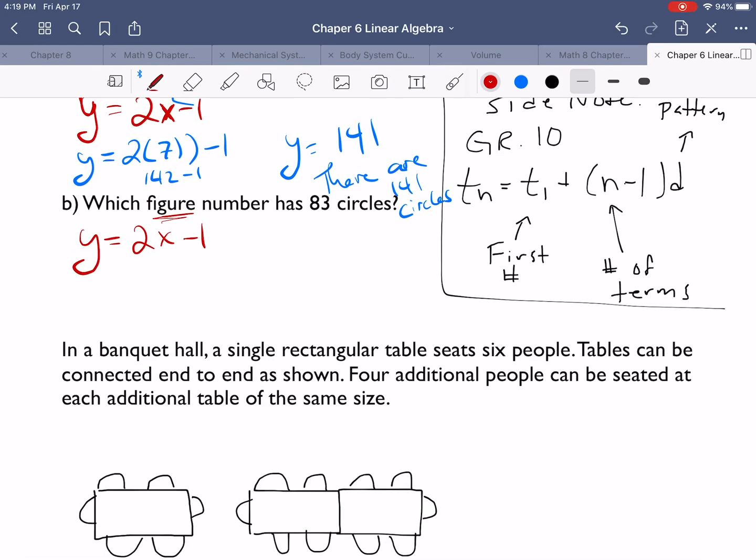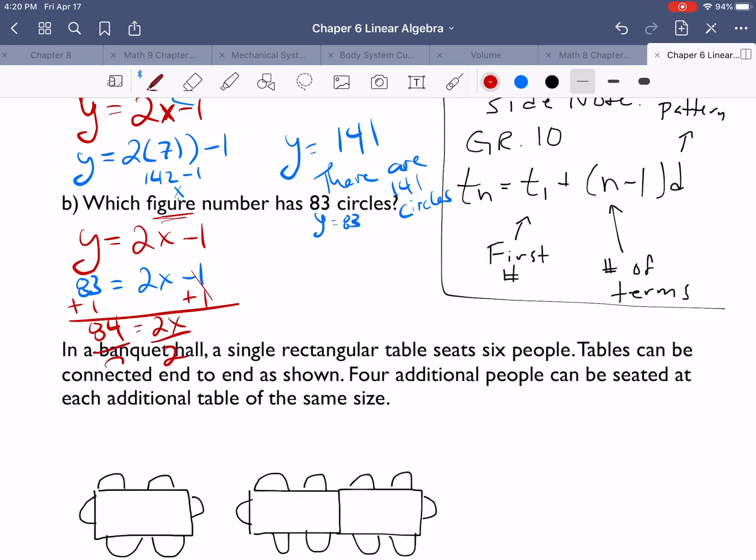Okay, cool beans. So this is my y and this is my x. I have 83 for my y. So right underneath the y, guys, you write 83 equals 2x minus 1. Solve this equation like a pro. Plus 1 plus 1. You got 84 on this side equals 2x.